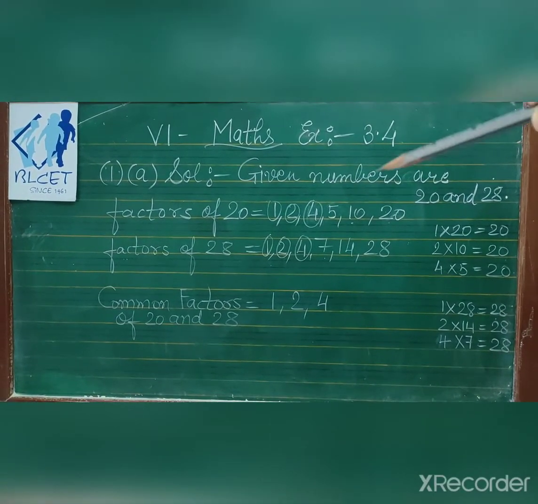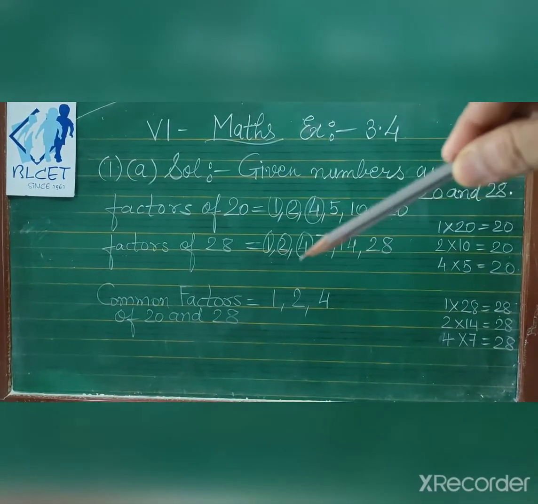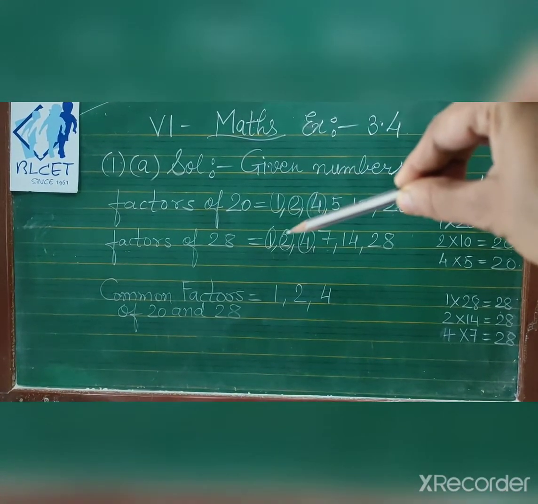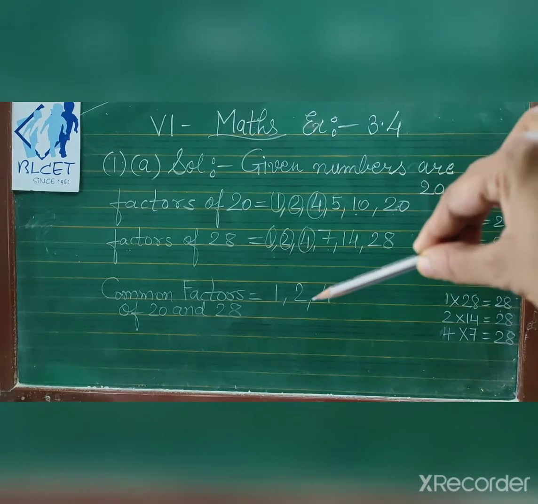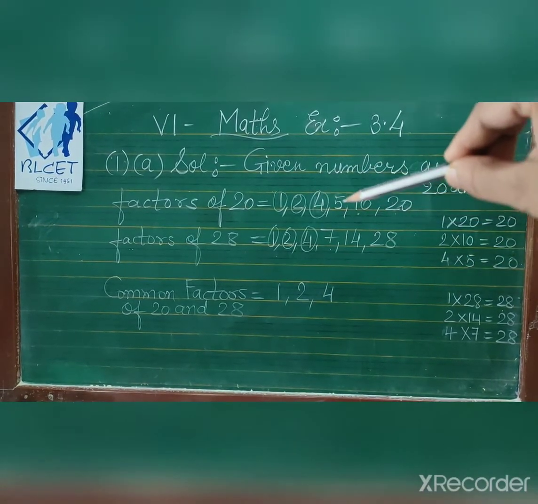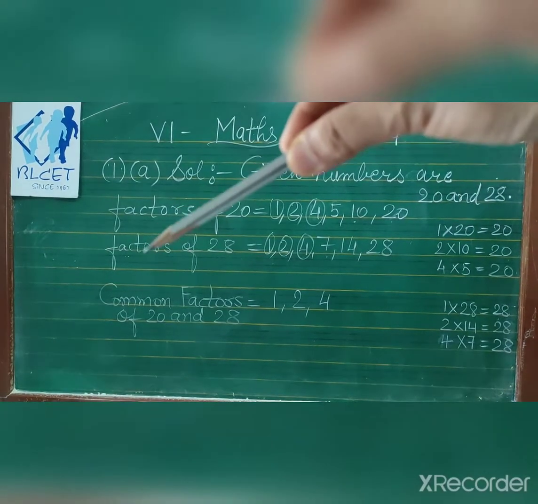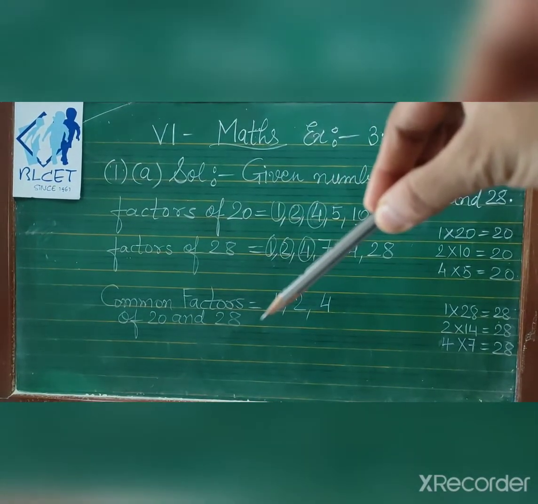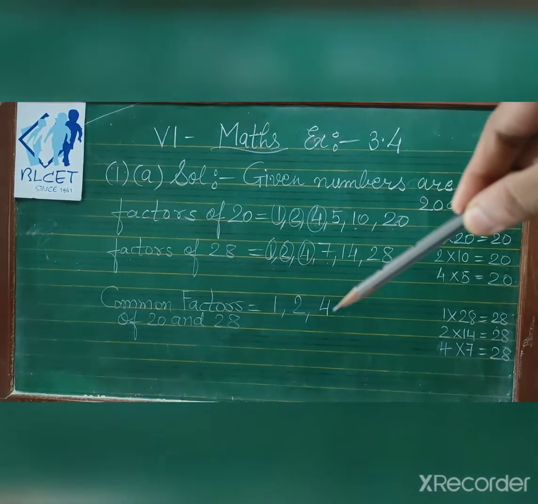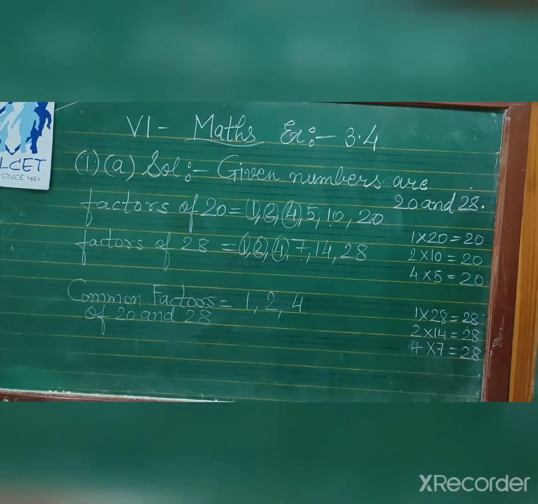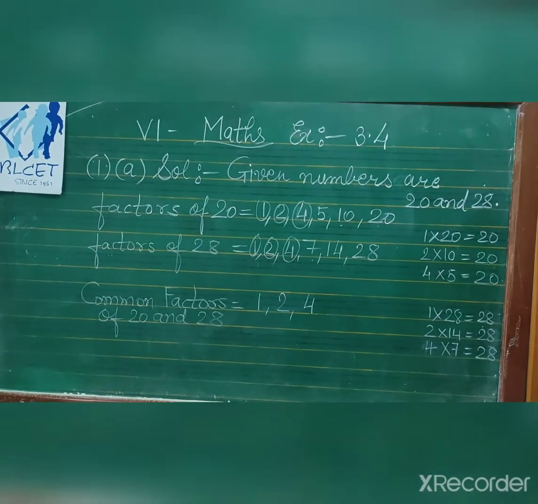Now common factors of 20 and 28: 1, 1, 1. Here 2, here also 2. 4, 4. Except these, no number is common. So common factors of 20 and 28 are 1, 2, 4. It is your answer. In this way you will solve the sum, and if you have any query you can ask me.